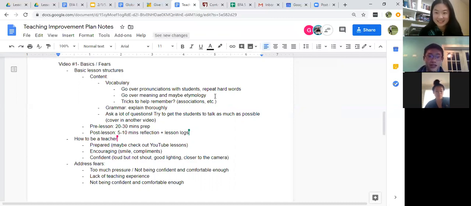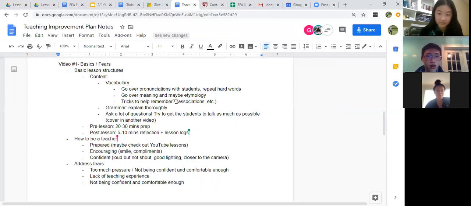Therefore, snowman is 雪人. You can also tell little stories or anecdotes about the words that are interesting or fascinating to help bring some more fun into the lesson, which we will talk about in a later video, and also help the students remember the words as well.